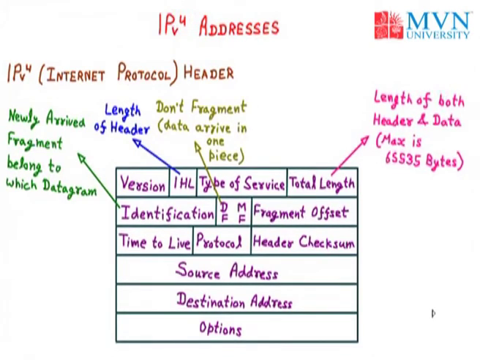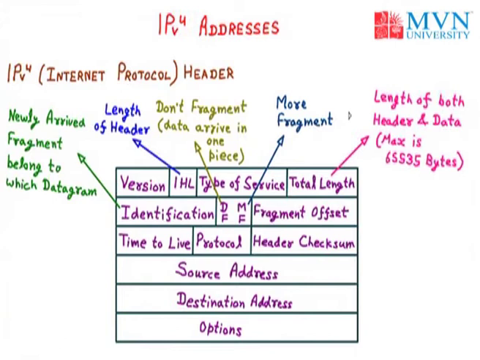Next we have the MF. MF means more fragment. Say for example we want to send a particular file in different fragments. That means a single main file is divided into various fragments and after that is sent to the other party. That is called the division of fragments or more fragment. So in that case, we will set the MF field and we will not set the DF field.